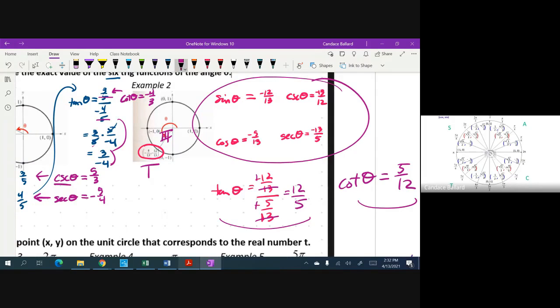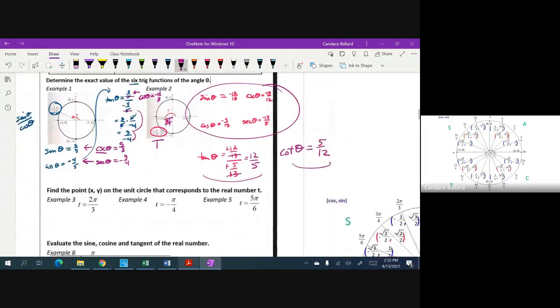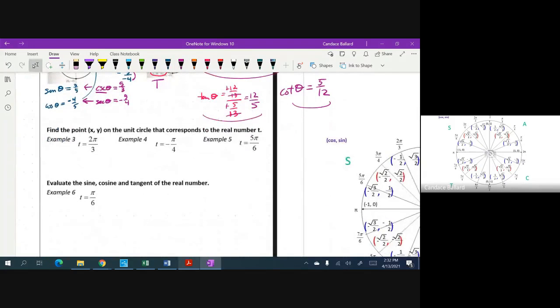Okay. All right. This is going to be like the hardest question on the test, on example 3, 4, and 5. Are you ready? Do you hear the sarcasm? Okay, here we go. So it wants me to find the point on the unit circle that corresponds to the real number t.